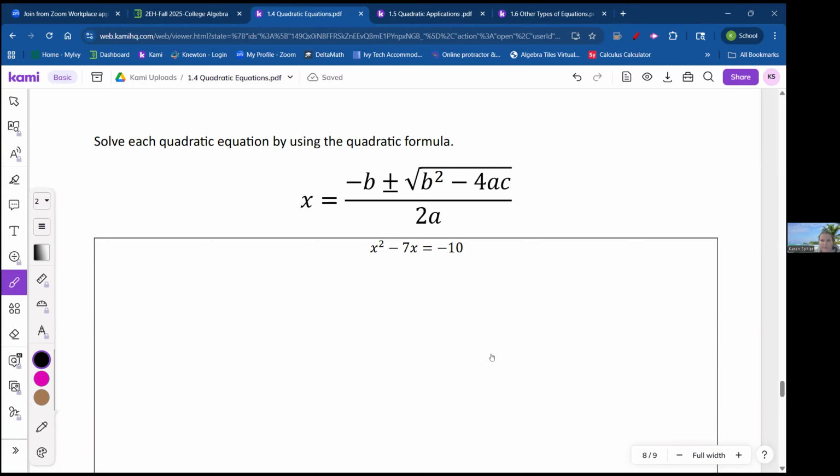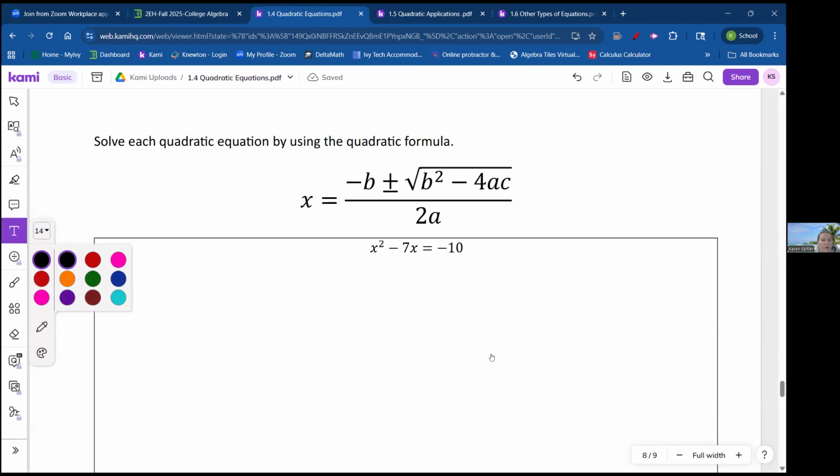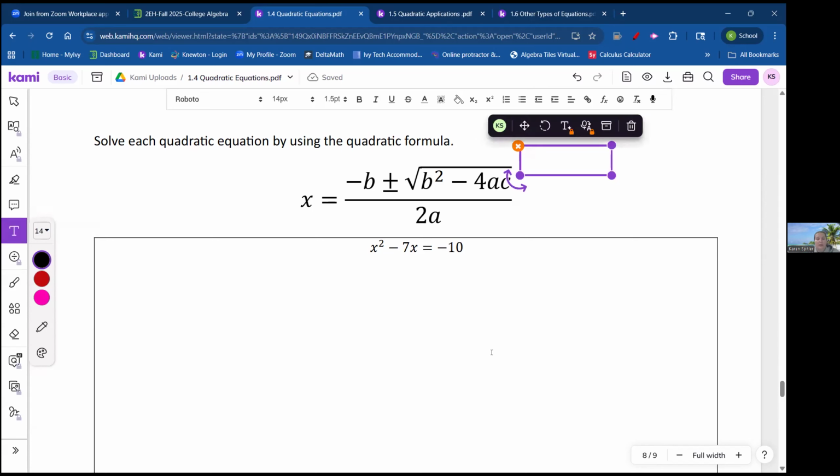So, unlike completing the square, all of your stuff must be equal to 0 first. So if you're using the quadratic formula, your equation must be equal to 0 before you begin.